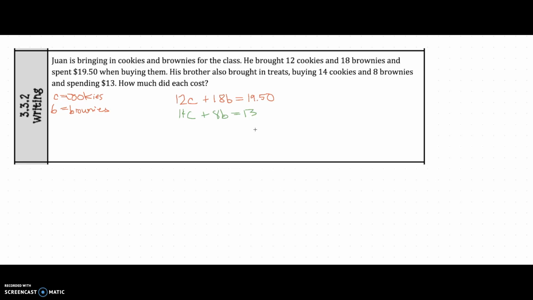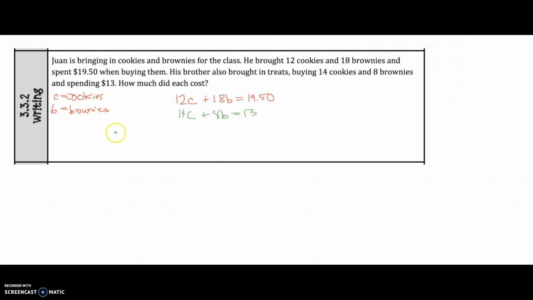So now we want to actually solve this. So we can use substitution or elimination. It doesn't matter. I think for this one, I would choose elimination because they're already set up that way. I think a lot of people would choose substitution, which is totally fine. We should still get the same answer either way.